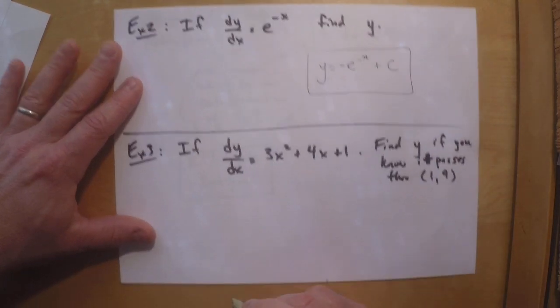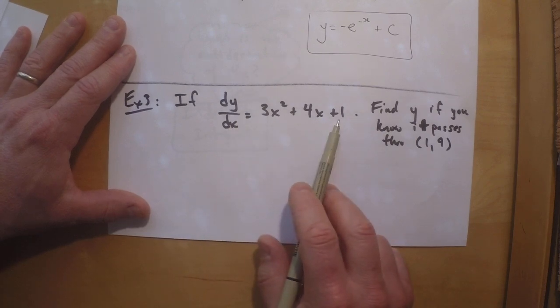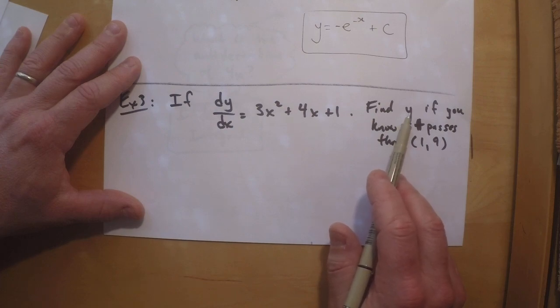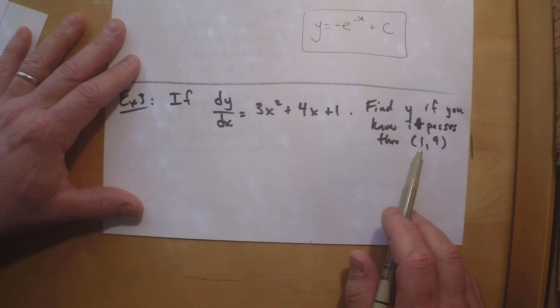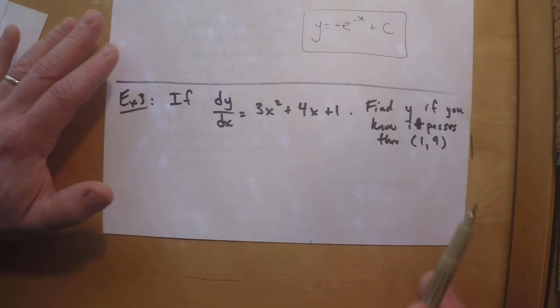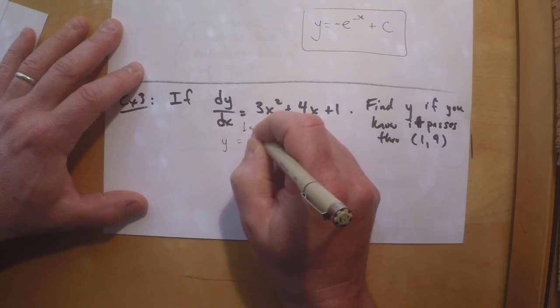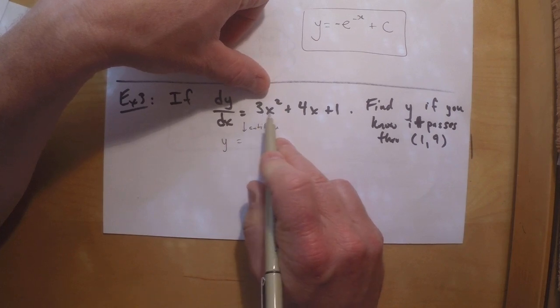The next one gives you the derivative function, find y, so there's an antiderivative, we're going backwards, and you know that y passes through the point (1, 9). Okay, so let's start with y first. So here we're going to take the antiderivative. What function gives you 3x squared?